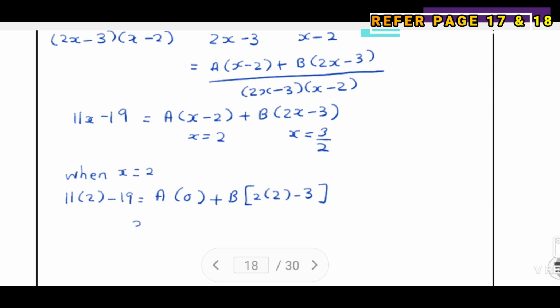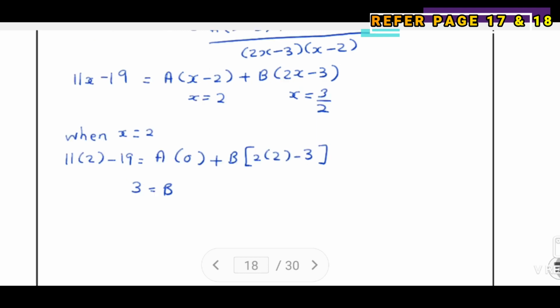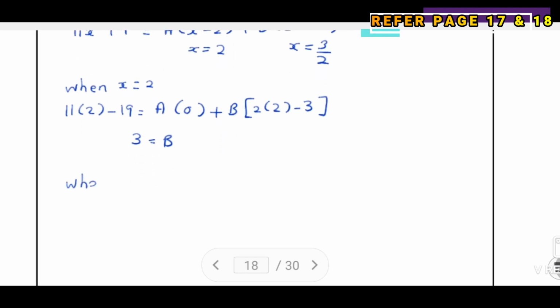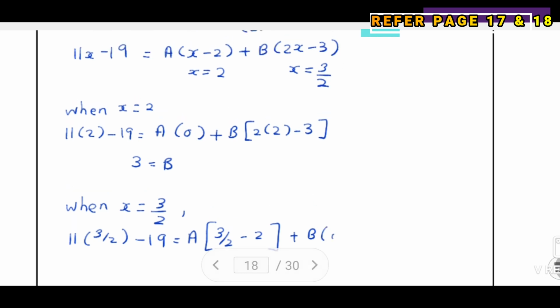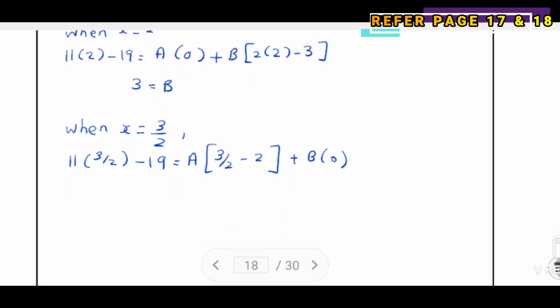So 3 equals B. Next, substitute x equals 3 over 2 into the equation. So 11 times 3 over 2 minus 19 equals A times 3 over 2 minus 2, plus B times 0. When we substitute 3 over 2 into x, we're going to get 0. So simplify, and we're going to get A equals 5.